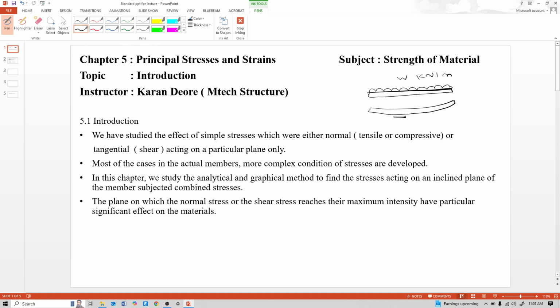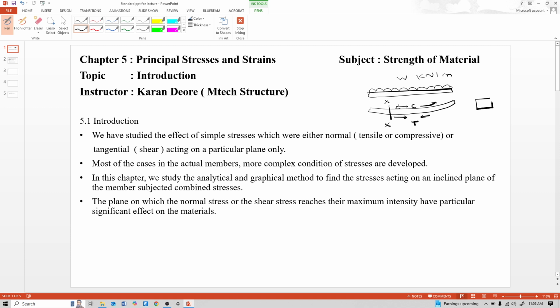Tensile is at the bottom, denoted as capital T, and compressive at the top, denoted as capital C. And consider section XX of this beam.